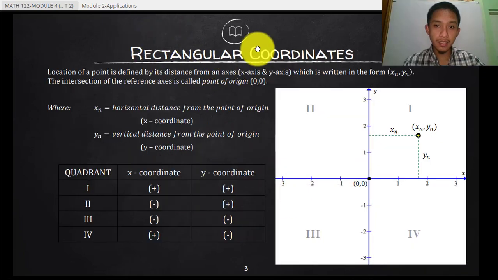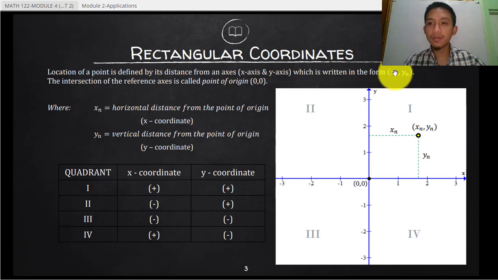Okay, so rectangular coordinates. If we say rectangular coordinates, this is locating points, wherein we will be using the distance of that point to the x and y axis that we know. And that is written in this form.